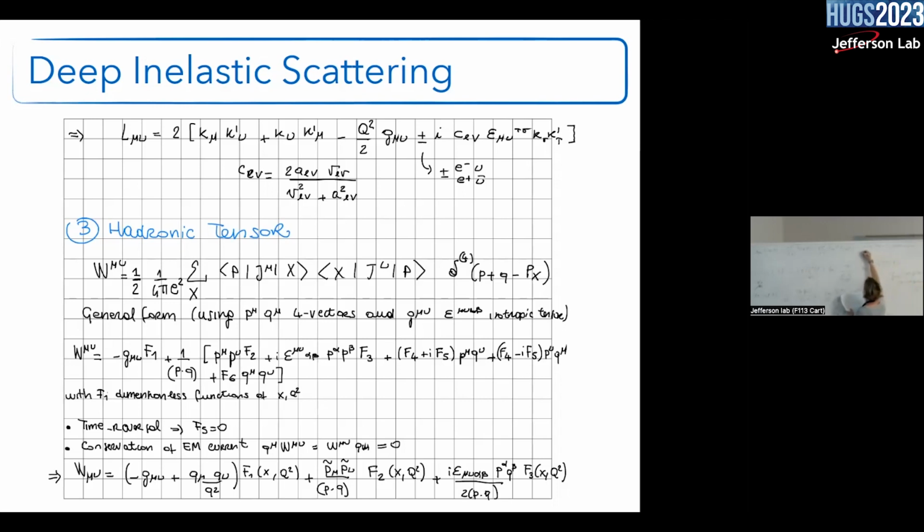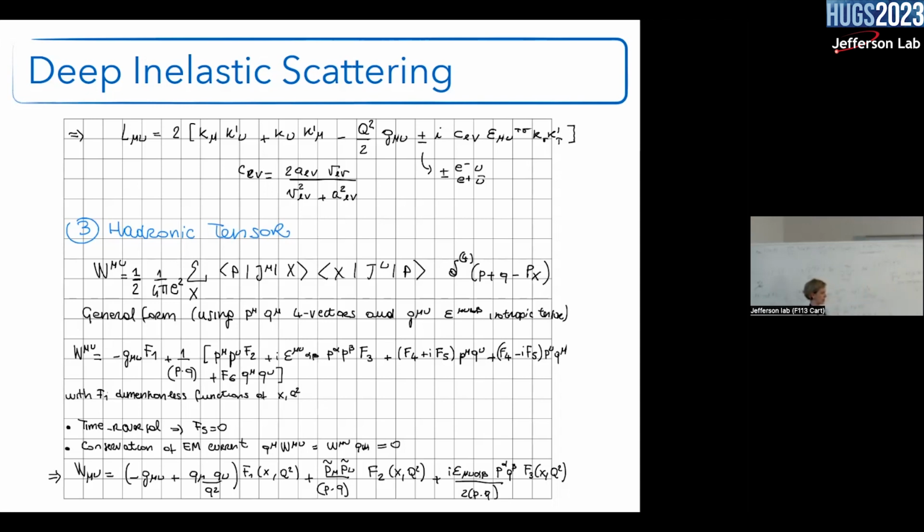So time reversal, so basically a CP invariance, no? It kills F5. And then you have the conservation of the electromagnetic current.